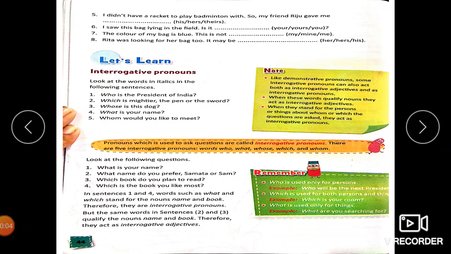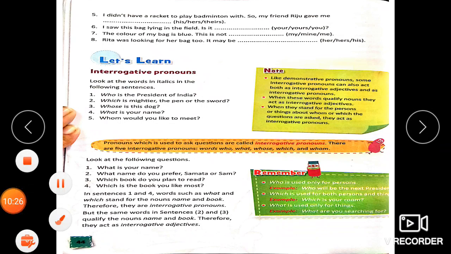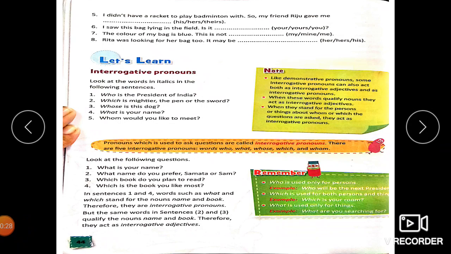Now, like demonstrative pronouns and possessive pronouns, there are also interrogative adjectives. Just like we have demonstrative adjectives, interrogative adjectives are also a part of the confusions that are often caused.